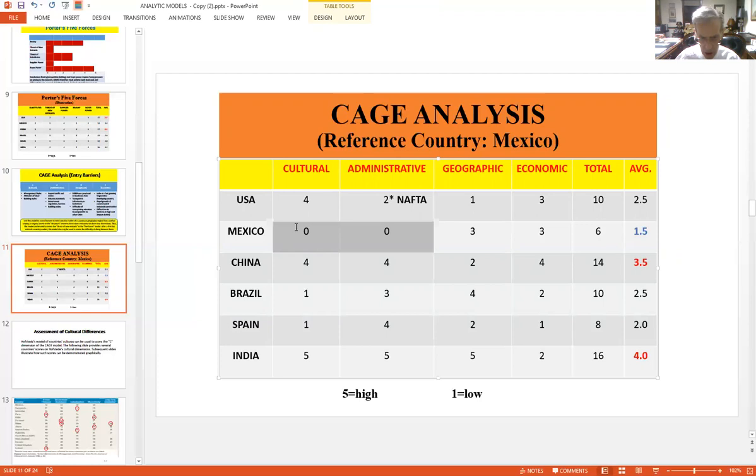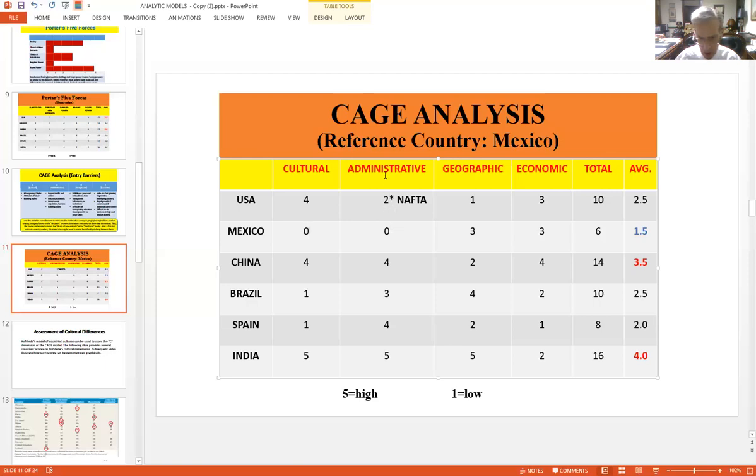But you can see here, Mexico. The company that was analyzed was Cmax, a Mexican company, and that company obviously had no cultural barriers in its own country, and nor did it have any difficulty meeting administrative requirements. It was comfortable with them.